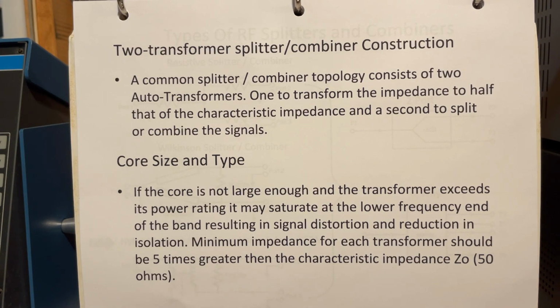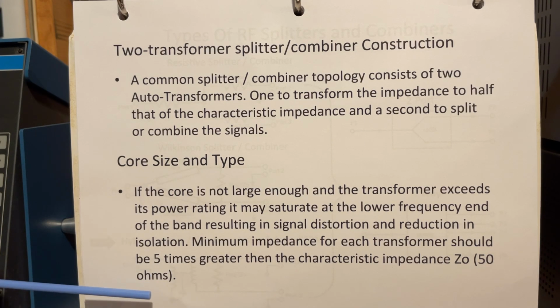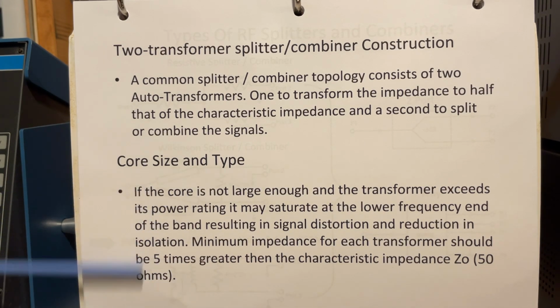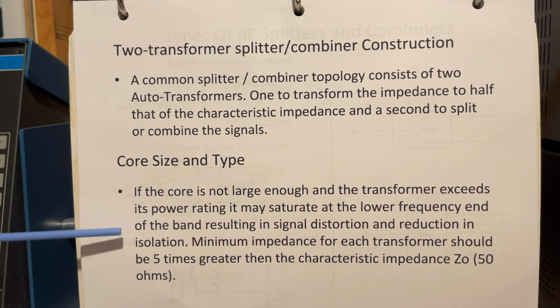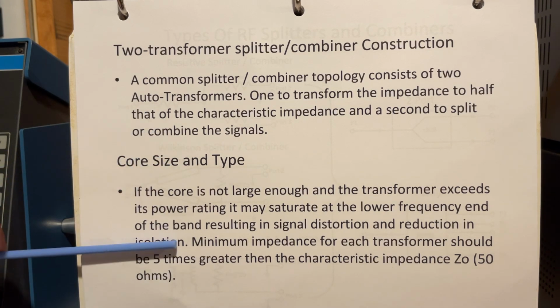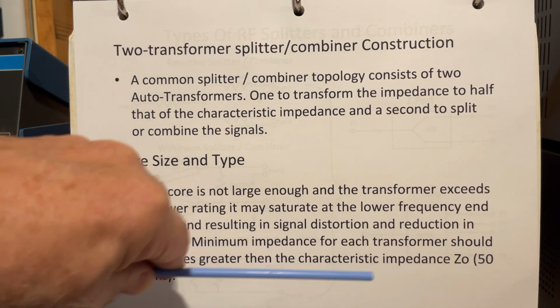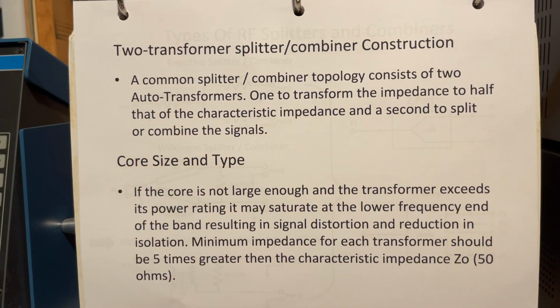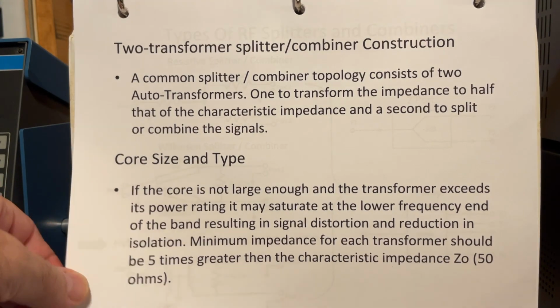So the general guideline is that the impedance of the transformer should be at least 5 times the characteristic impedance, which is 50 ohms. So we're going to talk about exactly what that means. I'm using material 43, which has a higher permeability than some of the other materials, and this gives me the high impedance. So we'll show you how to measure that and how to calculate what that impedance is.